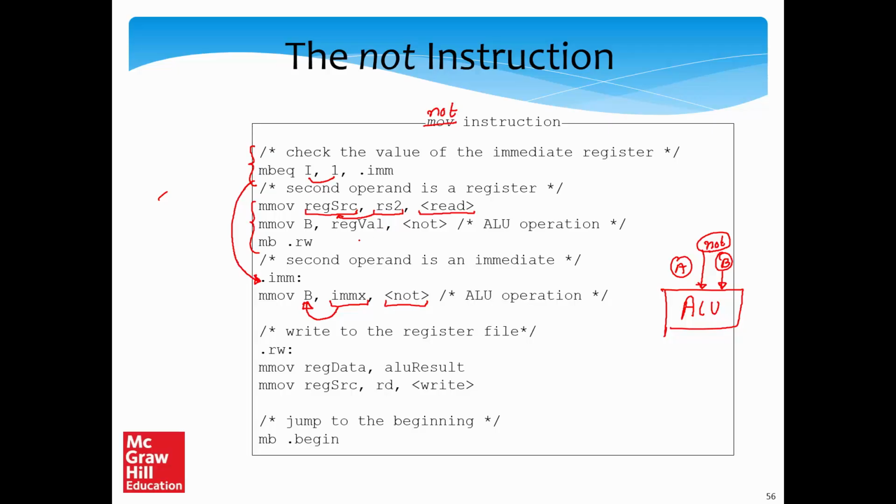So in one cycle, the data will be ready in the regval register. So we do exactly the same as we did in this line. The regval will send it to the ALU register B, and in parallel also issue an ALU operation to compute the NOT of the value. Once we are ready with the ALU result, we do an unconditional jump to RW.